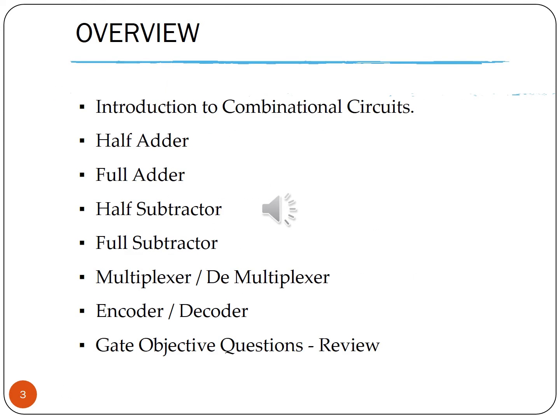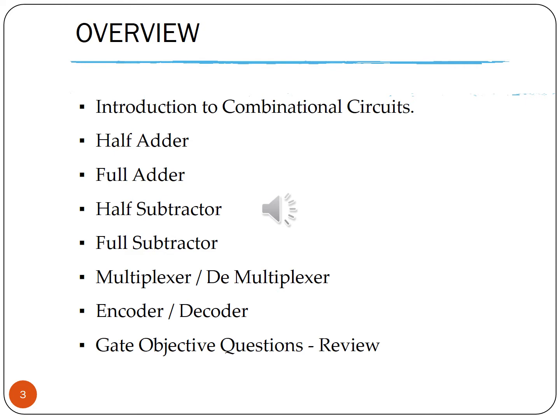Today's session, I am going to discuss combinational logic circuits from digital circuits. Combinational logic circuits and sequential logic circuits are very important in digital electronics, and today I focus only on combinational logic circuits.